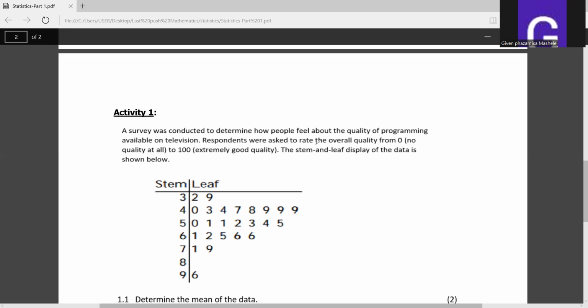Respondents were asked to rate the overall quality from 0, which represents no quality at all, to 100, which is extremely good quality. The stem and leaf display of the data is shown below. Let's look at our stem and leaf plot, ladies and gentlemen.